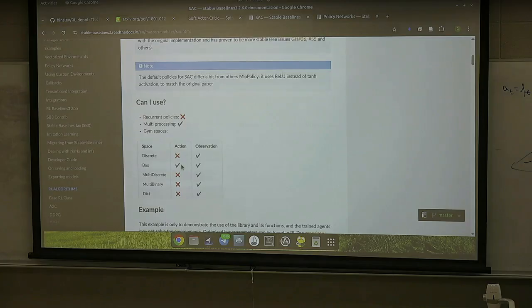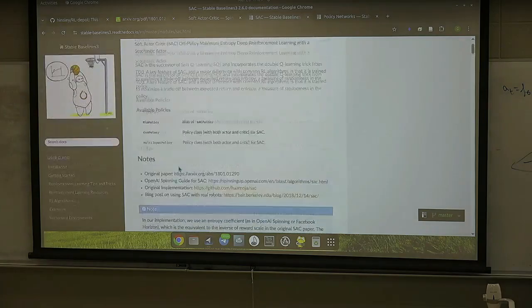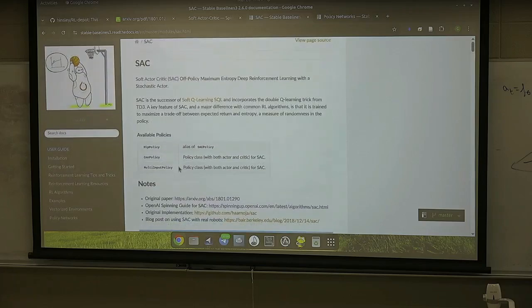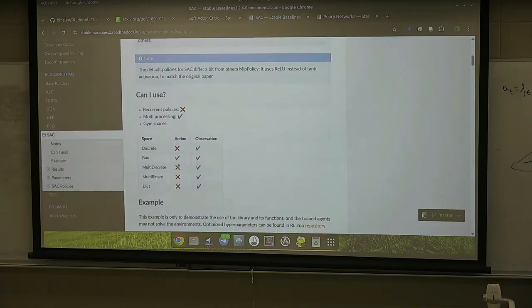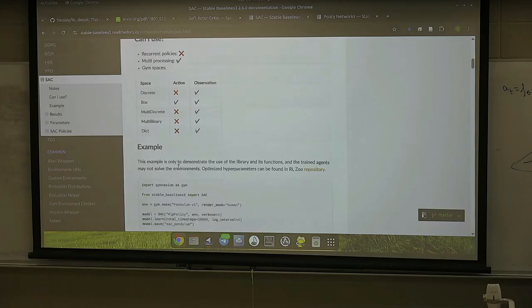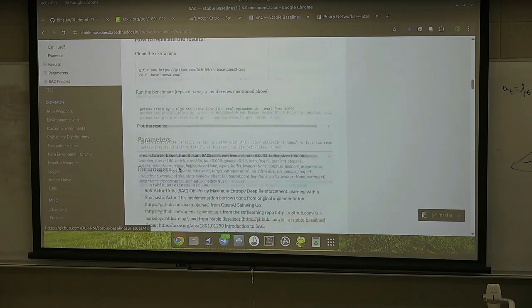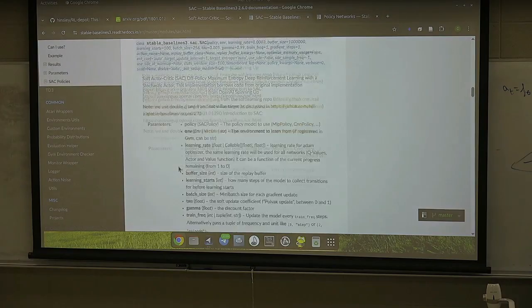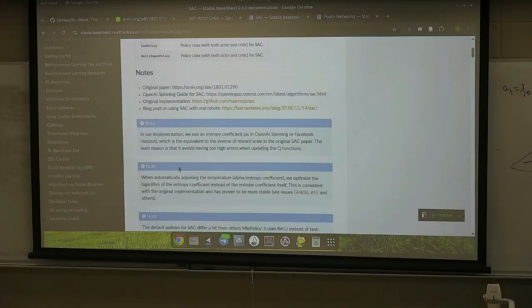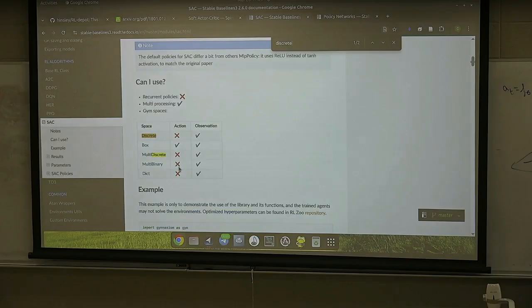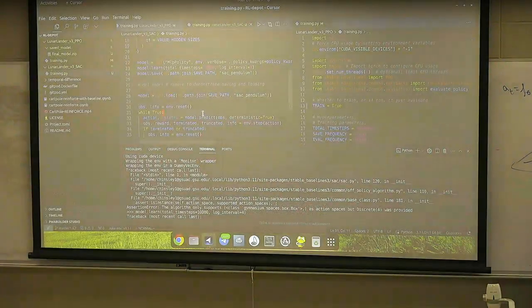So you can only use Box for your actions for SAC. You can't use Discrete. Let's fix that.